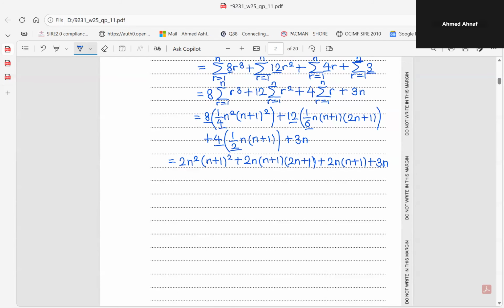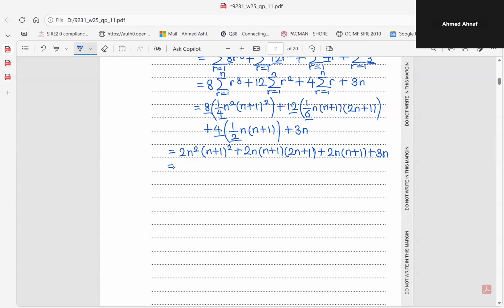Now our next step is to factorize out the common term in all of the terms, and so far I can only see that they all have n as the common factor. So we're going to factorize that out first. Factorizing n, you get n times [2n times n plus 1 squared, plus 2 times n plus 1 times 2n plus 1, plus 2 times n plus 1, plus 3].